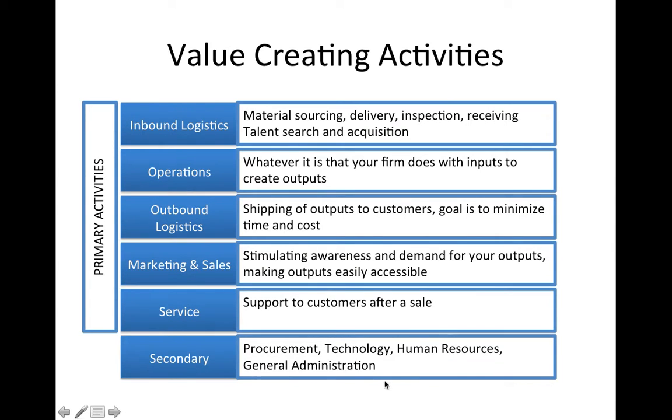And then general administration, think of that as the upper management of the company. Everybody in primary activities, their job is to be what we would call efficient. They do what it is that they're told to do, and they do it in the most efficient, cost-effective way that they can.